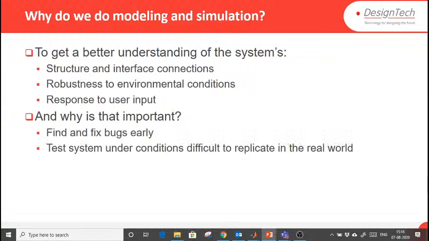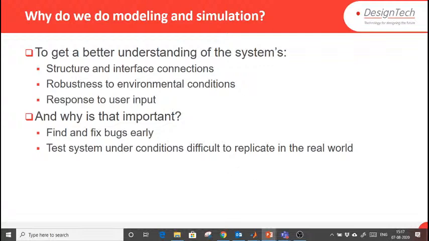Find and fix bugs early if there are some kind of bugs. Virtually we can do this. Physically, if you are designing from the beginning, you are using some kind of hardware, some kind of components. If you get an issue, then it is almost impossible to fix the bugs there, right? That's why we use Simulink for that. Also, test the system under conditions difficult to replicate in the real world, right?